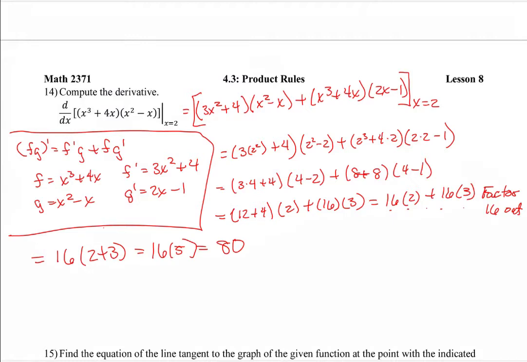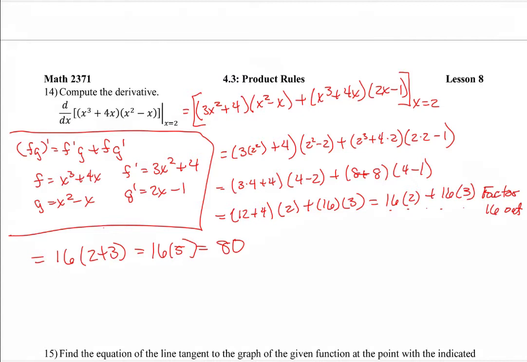But if you factor out that 16, and then you add 2 and 3, 2 and 3 is 5. Then you can calculate real quickly that 16 times 5 is 80, because 6 times 5 is 30, 5 plus 3 is 8, so 16 times 5 is 80.